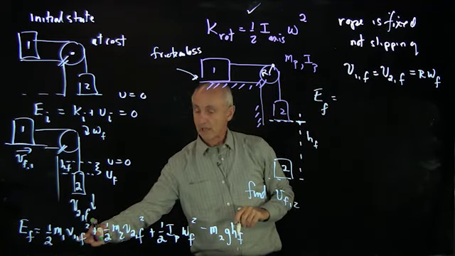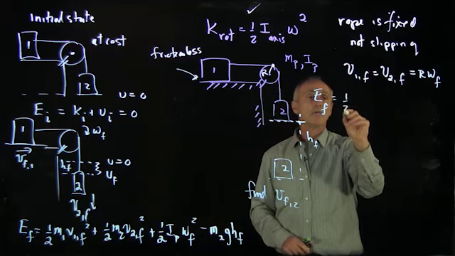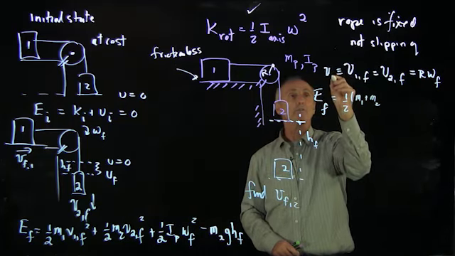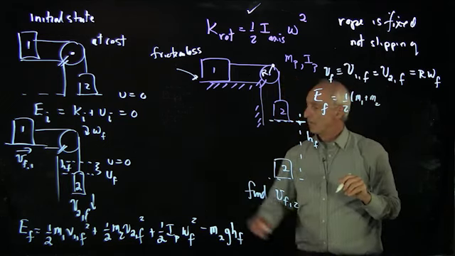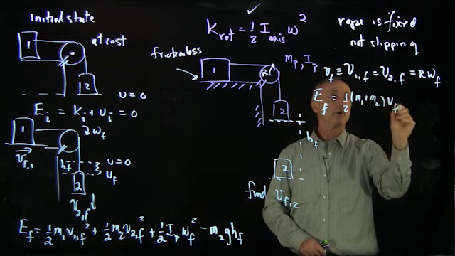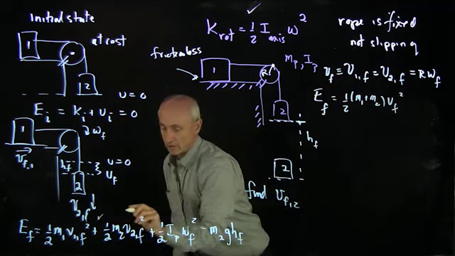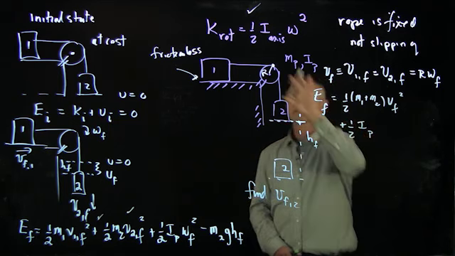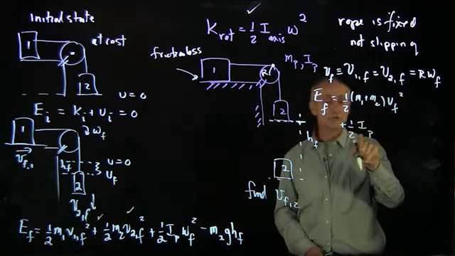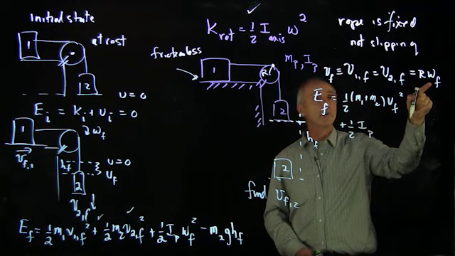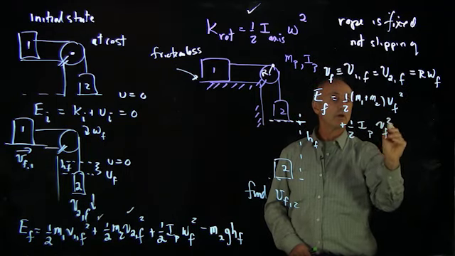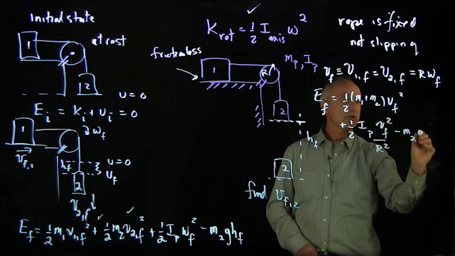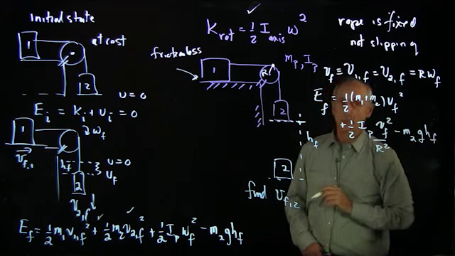The velocities are the same, so we have 1/2 (m1 plus m2), and we'll just call this v final for simplicity, times v final squared. That accounts for these two terms. And we have the moment of inertia kinetic energy associated with the wheel, which is 1/2 I omega final squared, which is v final squared over r squared, minus m2 g h final.